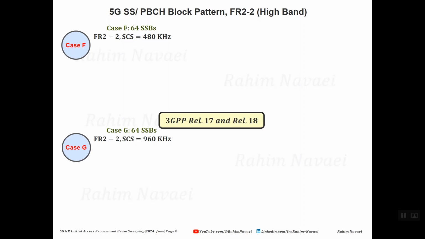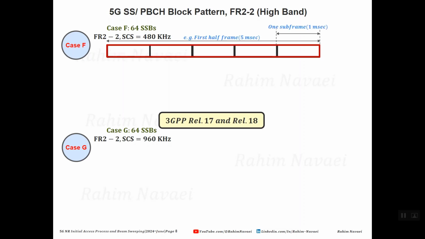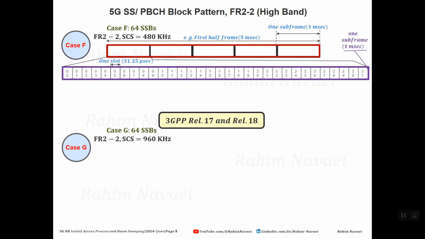In the case of pattern F, which uses a subcarrier spacing of 480 kHz, the slot duration is 31.25 microseconds, resulting in 32 slots within a subframe.